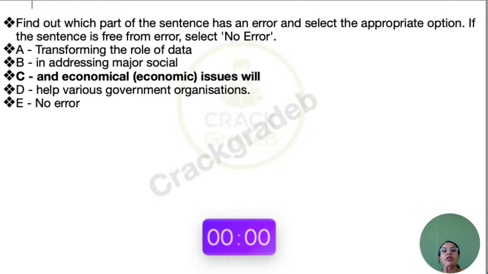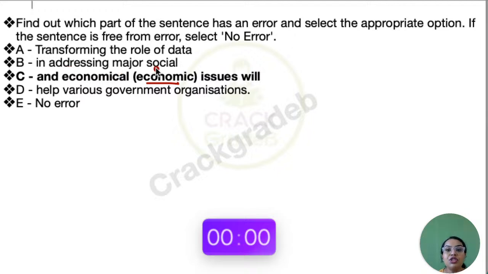Economical and economic both are adjectives, but the meaning varies. Anything which is economical is pocket friendly, it is not very expensive. But why will I talk about such issues over here? I want to talk about issues related to economy, and that's why economic, transferring the role of data in addressing what?